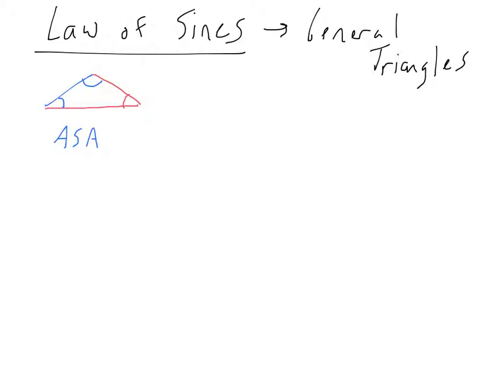If, on the other hand, I have a situation like this where I know a side and an angle, and an angle that's not known, in this case, I have an angle, an angle, and a side.